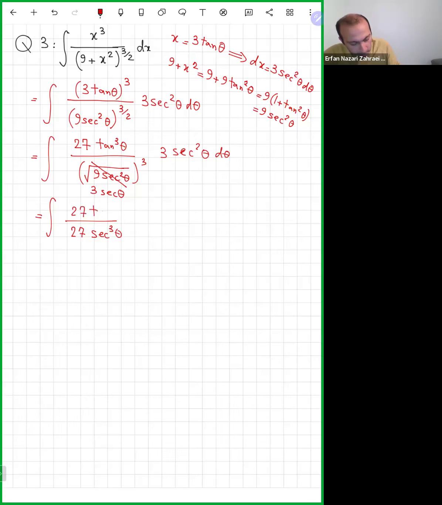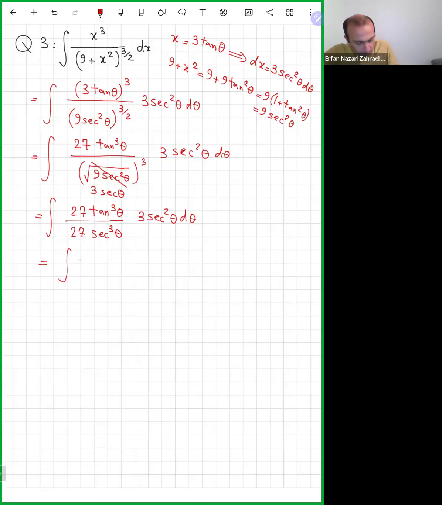On top, I had 27 tangent cubed and 3 secant squared. Simplifying 27 and 27 and partially the secants with each other, I would get only 3 on top. So the number 27 and 27 cancel. I will get only the number 3.